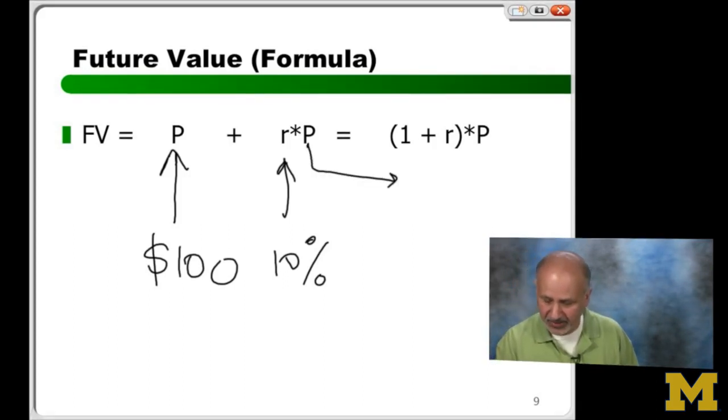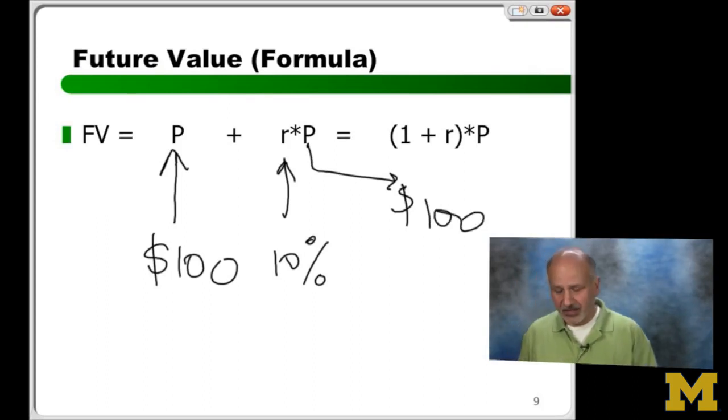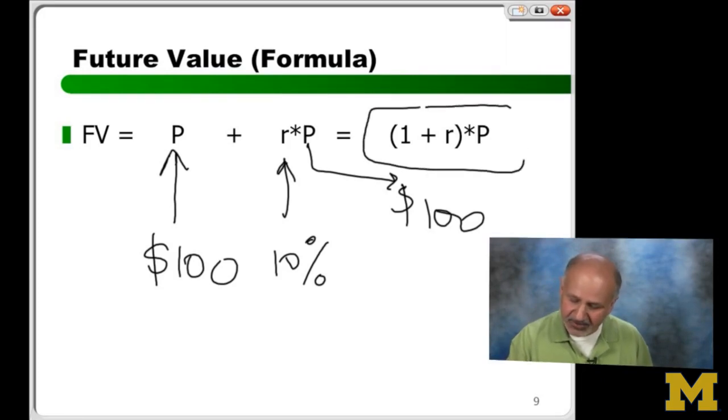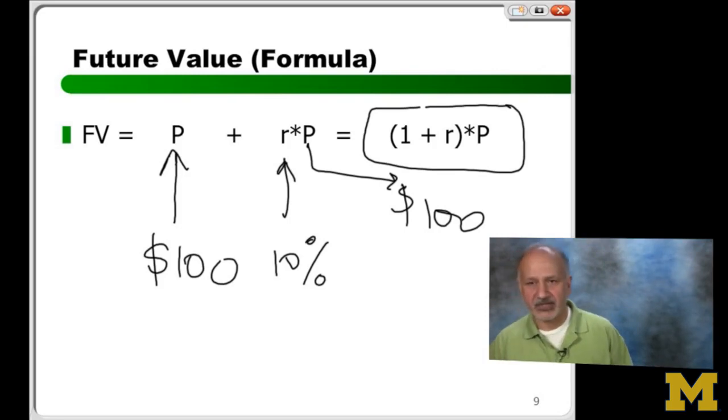It is on the P of $100. So I know that 10% of $100 is a fraction, 1/10, and this will be $10. But the way we write it, which is very straightforward, is we take P out of the picture. So the P is common to the first one, therefore the 1, and RP, R times P.